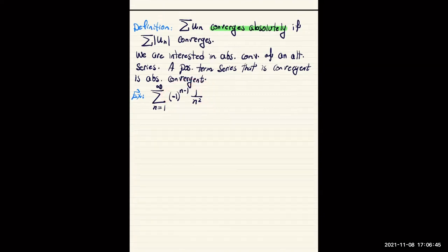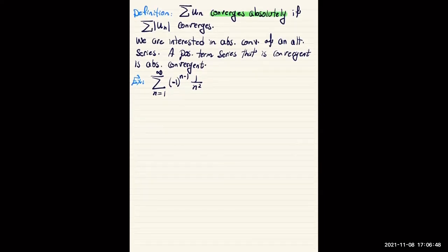Take the absolute value of every term, and what the absolute value does is that it drops the (-1)^(n-1). You just get the summation of 1 over n squared. Taking absolute value makes every term positive, and you get the sum of 1 over n squared, which is a p series with p more than 2. It is convergent.